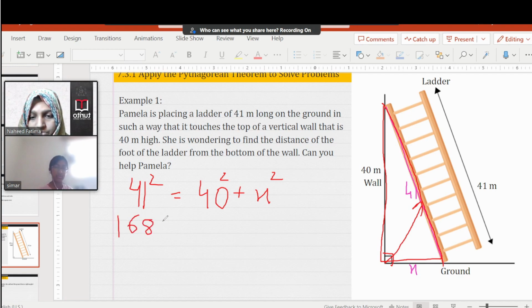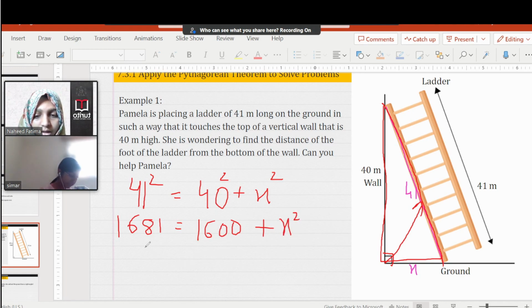1681. What is 40 square? 160. Not 160, 1600. See, there's one zero, you'll write two zeros. Then 4 square is 16, so it's 1600. Now when you shift 1600 to that end, it will be negative.